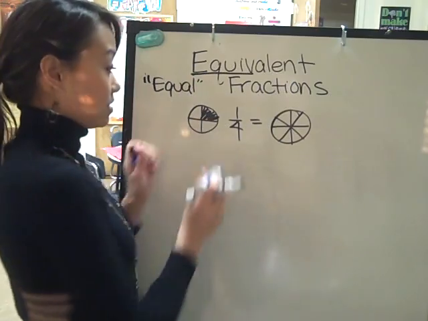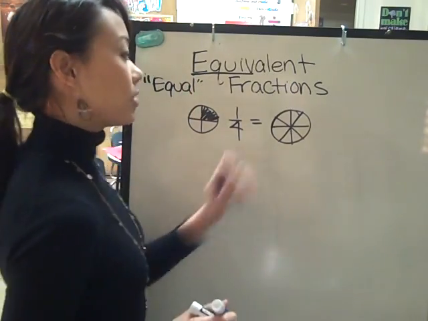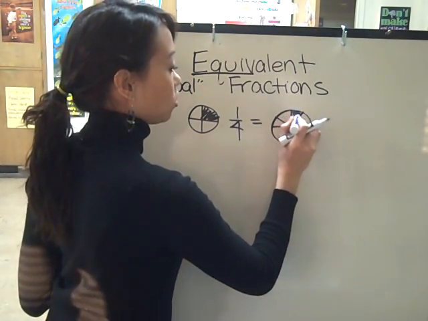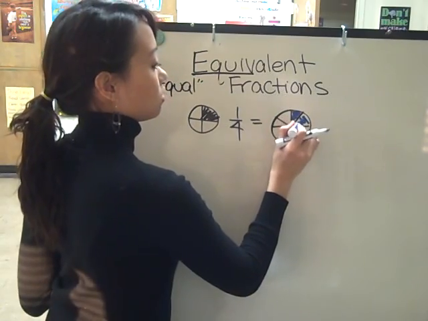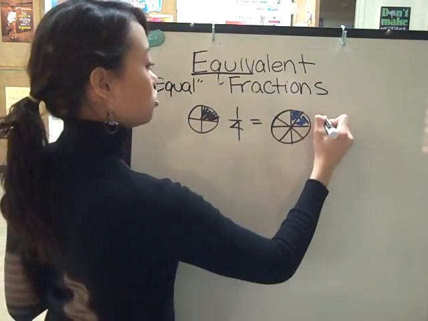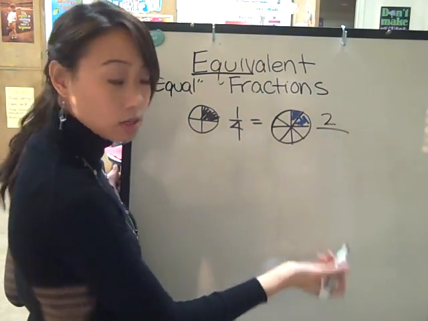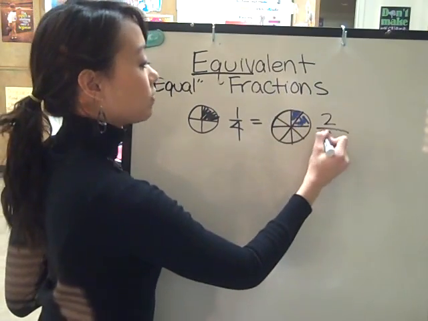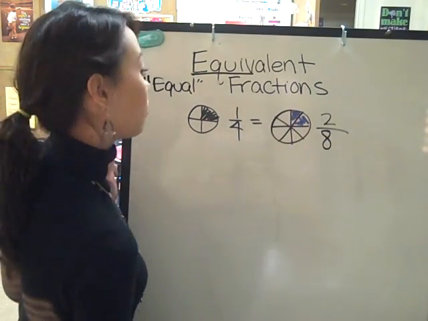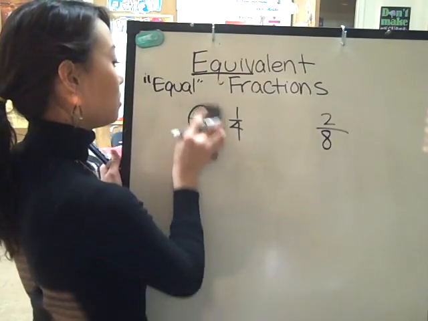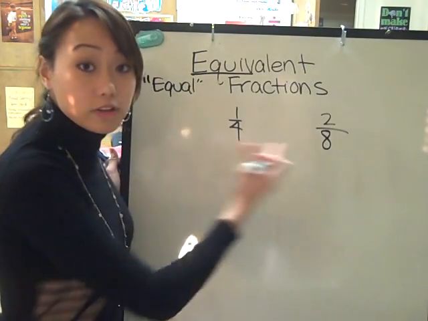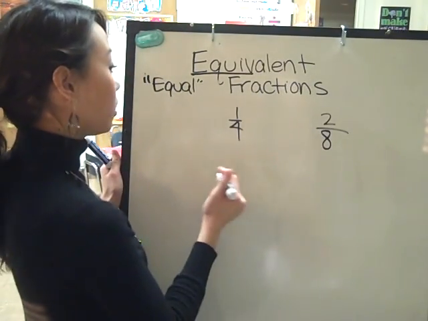But if I want this amount in my tummy, how many slices do I need for that to be equal? I'm going to need to eat 2 slices. Out of how many? 1, 2, 3, 4, 5, 6, 7, 8. Voila! I've just created 2 more equivalent fractions, and they are equal in amount.